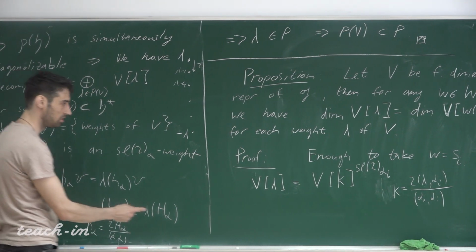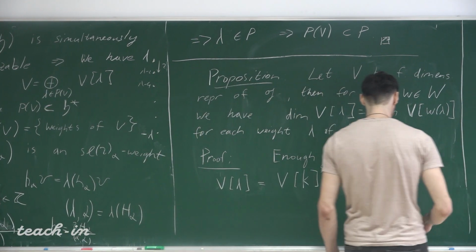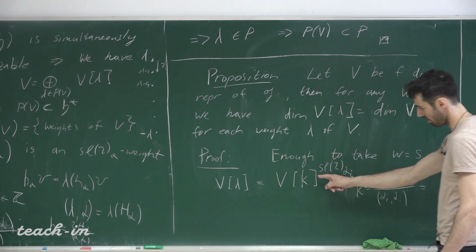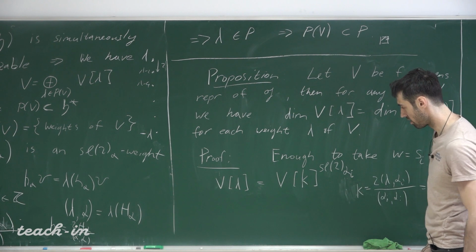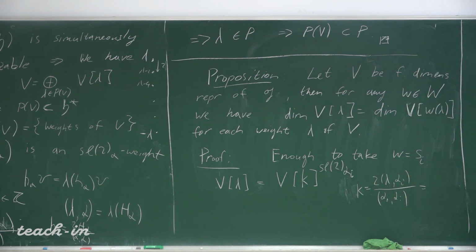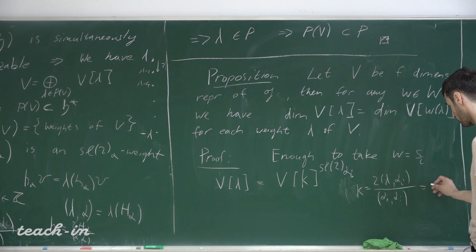This number is the corresponding weight of SL2 alpha I, weight of V as a representation of SL2 alpha I. So this is what? Lambda of H alpha I.